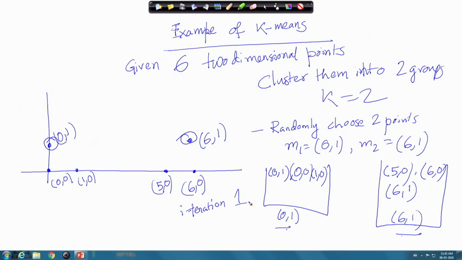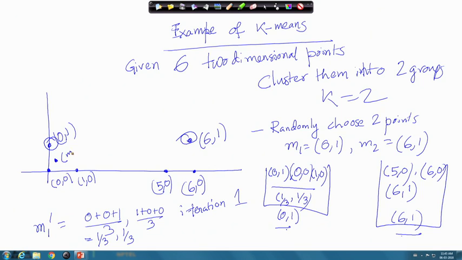Okay. So, what is M1 prime after the first iteration? Average of these 3. So, it is (0 plus 0 plus 1) by 3 and (1 plus 0 plus 0) by 3. So, it is 1/3 and 1/3. This is M1 prime, somewhere here. Look, the cluster seed has shifted.